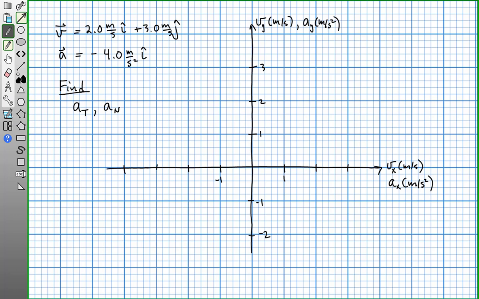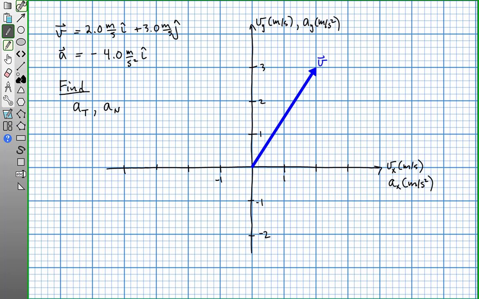We see that the velocity vector has an x component of 2 meters per second. So we'll draw the velocity with its tail at the origin, and we'll come out 2 units in the x direction, and then we will go up 3 units in the y direction to give us our velocity vector. We will label this vector v.